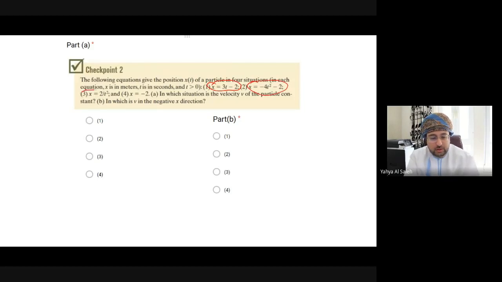X equals 2 over t cubed, and x equals minus 2. In which situation is the velocity of the particle constant? In which is v in the negative direction? So 4 and 1.